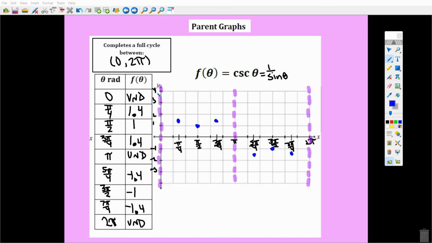We have a graph like this. Not even touching the dots there. Let's try again. That's going upward, and this one is going downward. And this is cosecant theta, which is the reciprocal, 1 over sine theta.